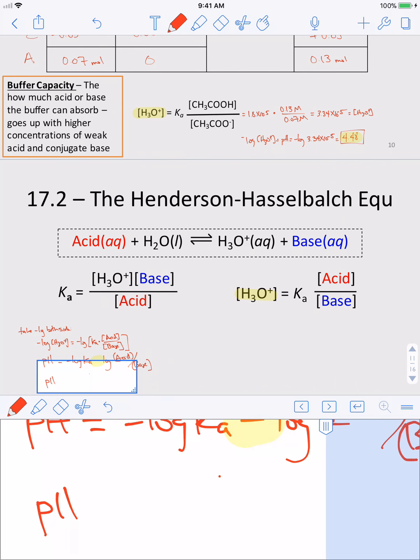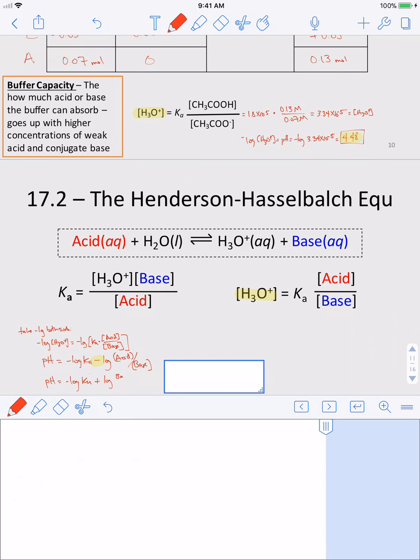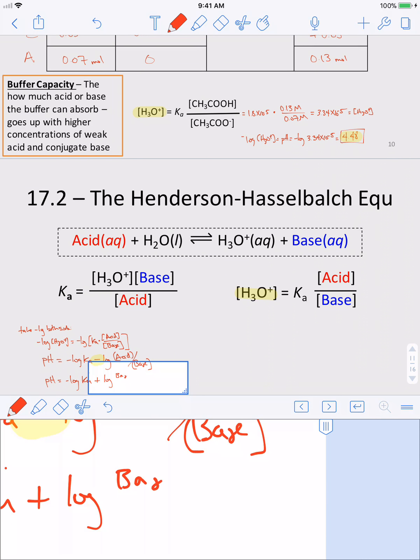And this now equals pH equals negative log of Ka plus log of base over acid. So by just inverting this, we change the sign out in front of the log to a positive.